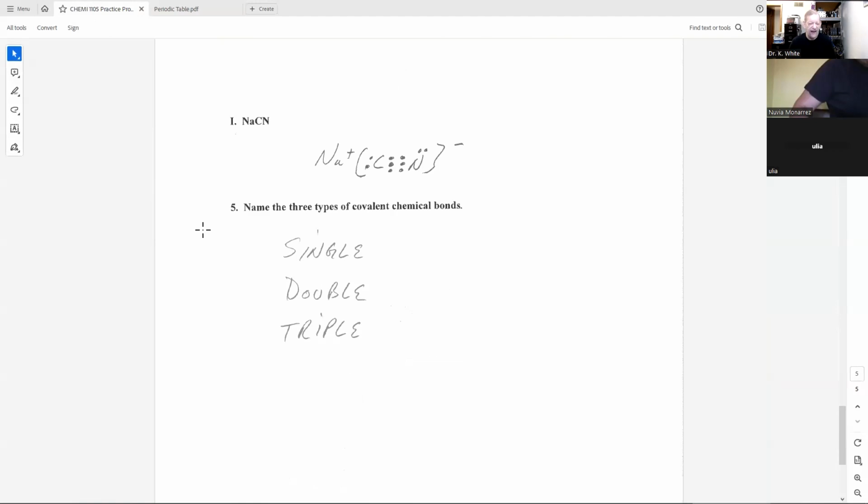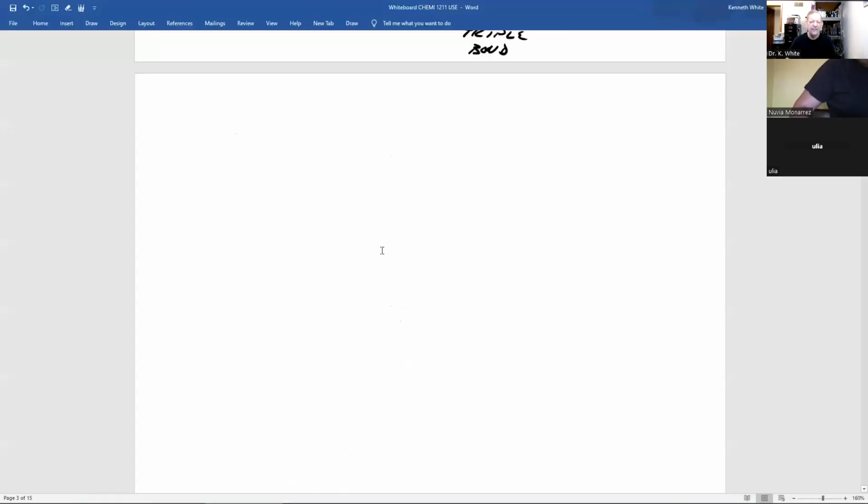And let's look at the last one. Name the three types of covalent bonds, and they are single bond, double bond, and triple bond. Now, what I don't have in this question that you should be able to do, name the three covalent bonds and how many pairs of electrons.